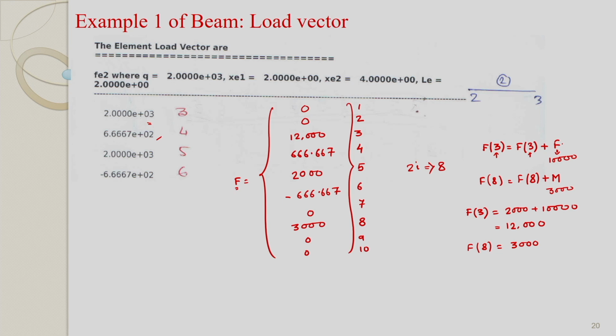So, there are 3 loading parts. This uniformly distributed load is directly going to our global load vector in the respective address 3 to 6. At node 3, because of the point load there is this additional F, and at node 8 there is this moment.